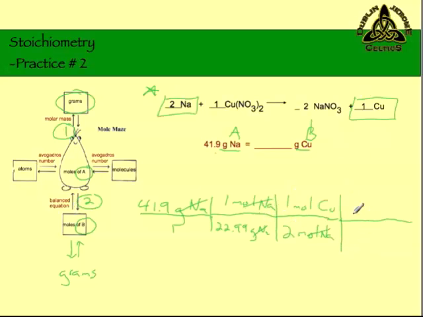I can look on the periodic table, and I know that for every 1 mole of copper, I get 63.55 grams of copper. Moles cancel out, and now I have a 3-step stoichiometry problem that I can multiply everything together. 3 significant figures. I get 57.9 grams of copper.